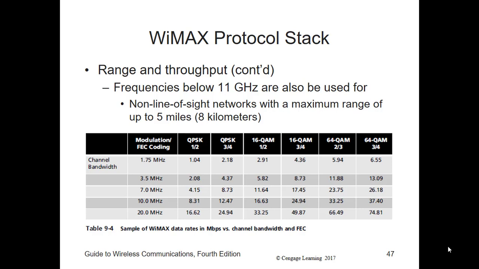Understand that a wider channel bandwidth combined with more complex modulation also means that more data can be sent per signal, as we talked about in Chapter 2, hence the higher data rates that can be achieved with wider channels. Okay. Now, realistic throughput is always lower than the rates that we have here in this example.